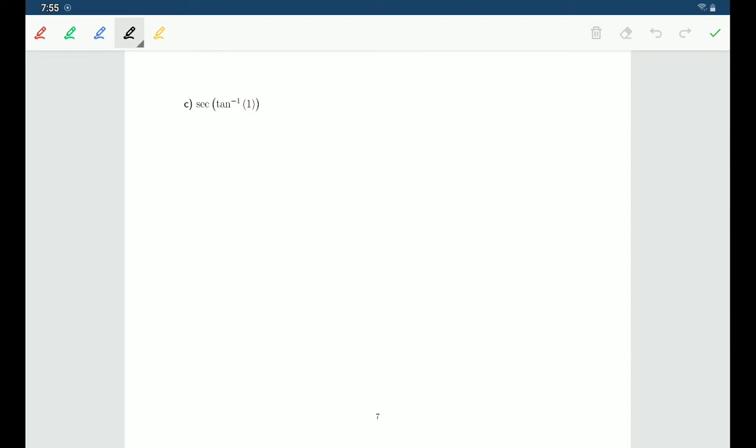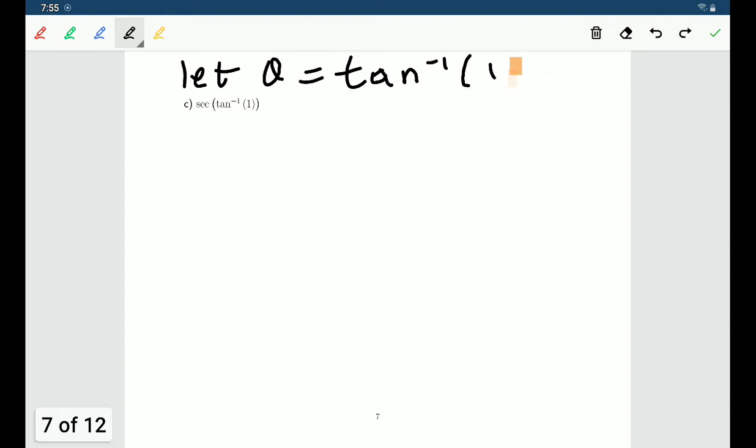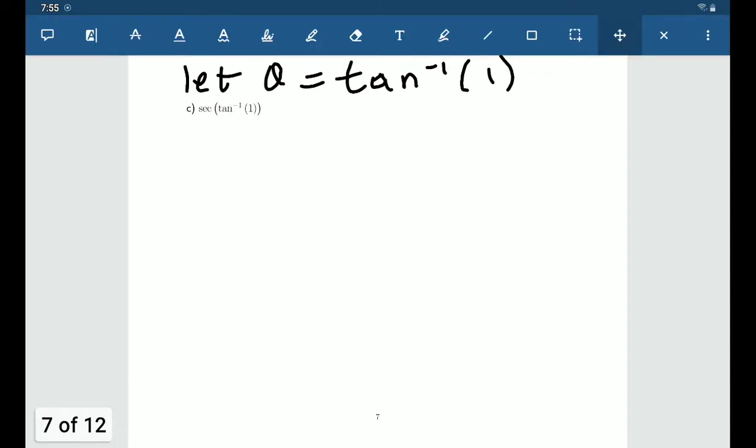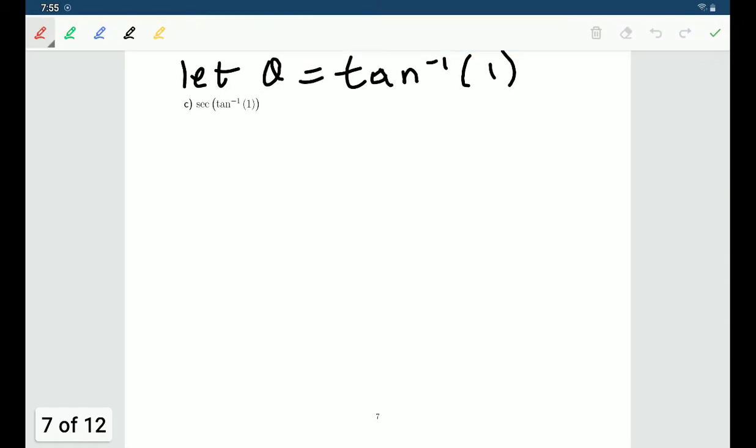And of course, same as before, let theta be the inside inverse trig function. Let it be tangent inverse of 1. And so that means that when we're looking for secant of tangent inverse of 1, we will be looking really for what is secant of theta.